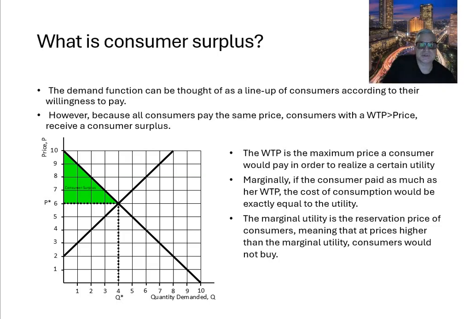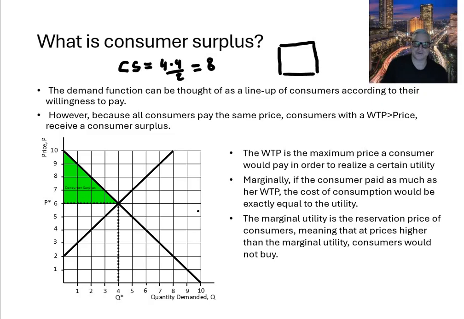So now we would say in this particular case, consumer surplus is 4 times 4, but it's a triangle, so we have to divide by 2. So consumer surplus is 8. And again, this is how we calculate the area of a triangle, because base times height gives you a square.